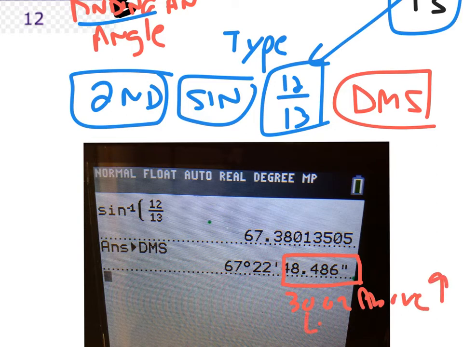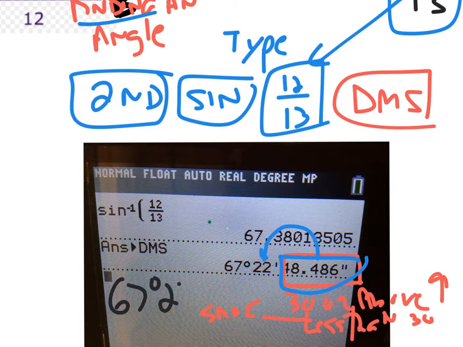If it's less than 30, it stays the same. Since it's 48.4, we're going to round up. So here our answer is 67 degrees and 23 minutes.